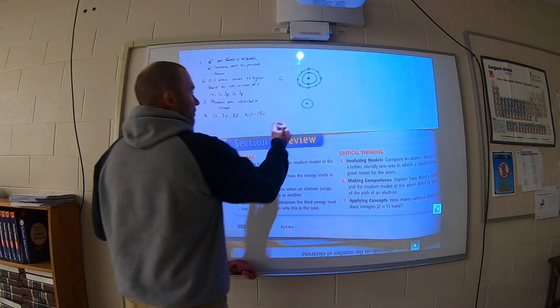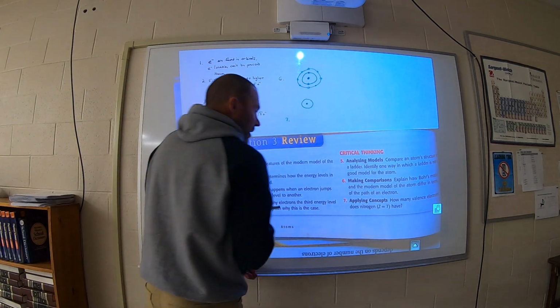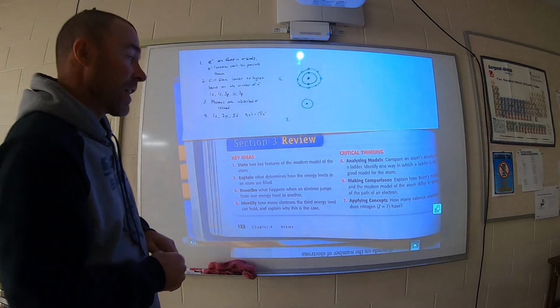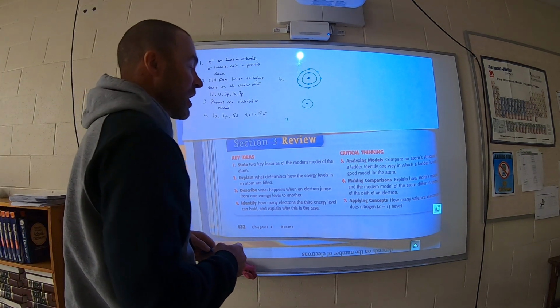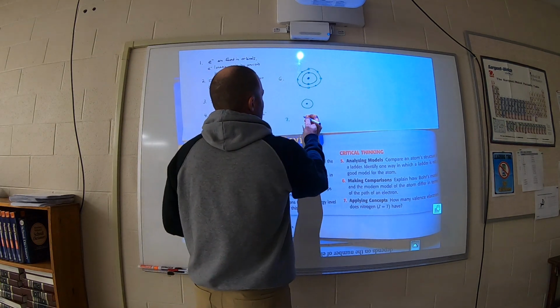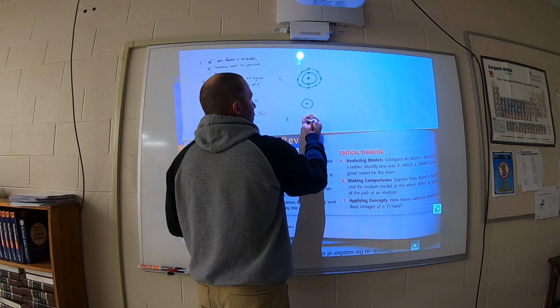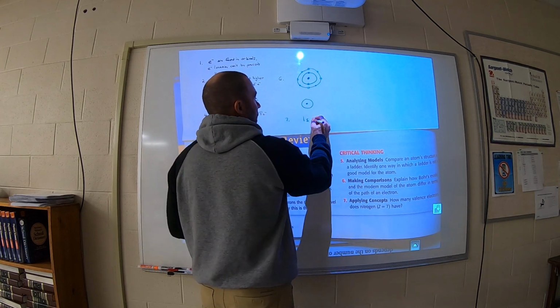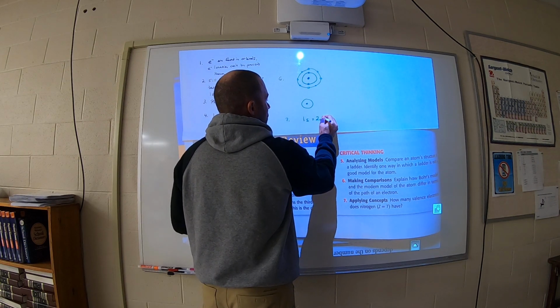And then number 7, it says how many valence electrons, valence means outer shell electrons, does nitrogen have? It says 7 here. So if it has 7 electrons, it's going to have 1 s orbital full, so that's going to be 2 electrons there.